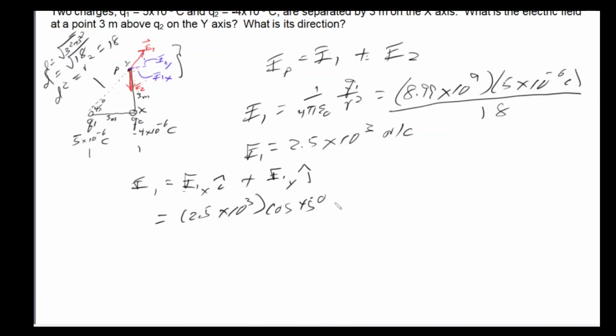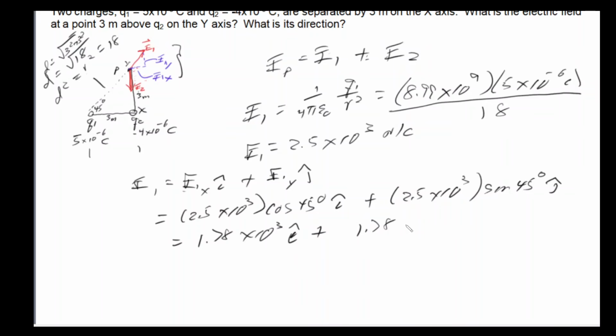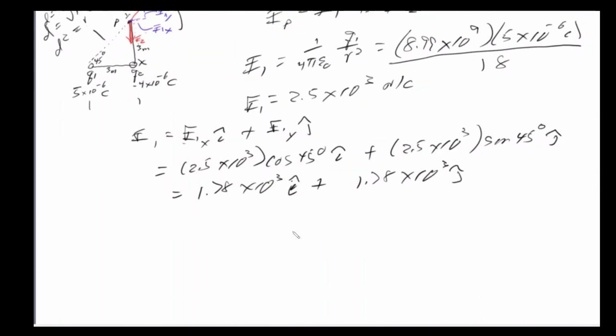That's how we find the x direction, times unit vector i, plus E1, which is 2.5 times 10 to the third times sine 45 degrees to find the y direction, times unit vector j. And this comes out to be 1.78 times 10 to the third i plus 1.78 times 10 to the third j. So this is our vector due to Q1.